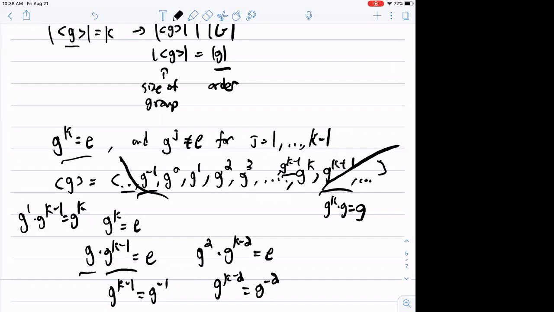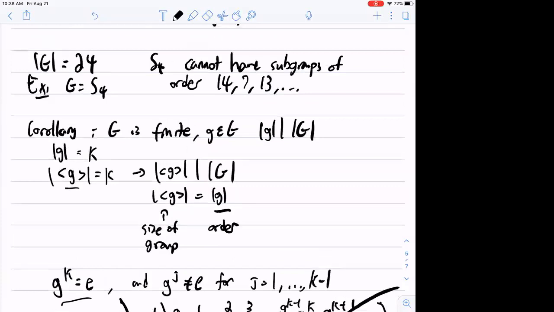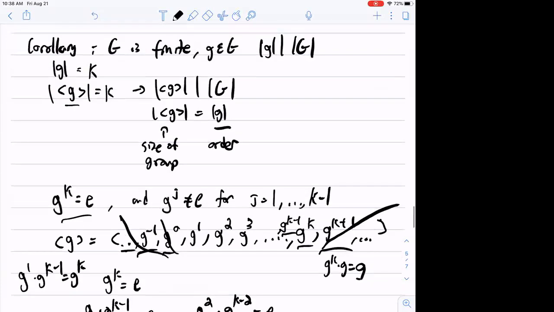So everything here is covered, and g to the k is just the identity. So you see that the order of an element coincides with the order of the group generated by that element. And from here, you see that it must divide the order of G, by Lagrange.